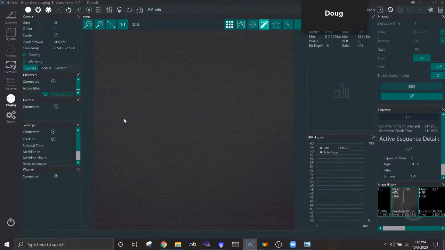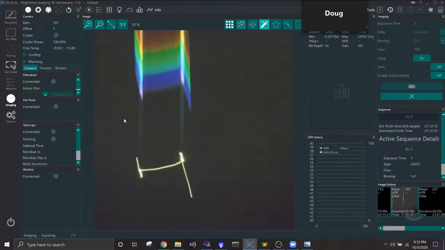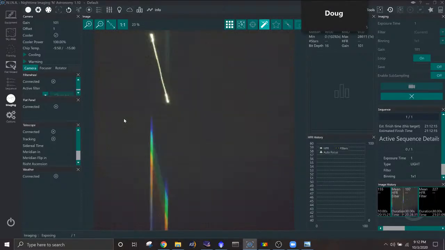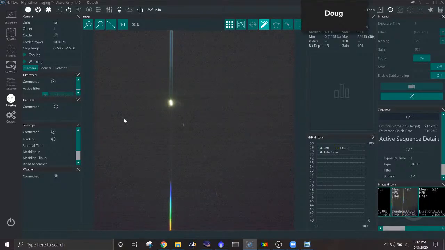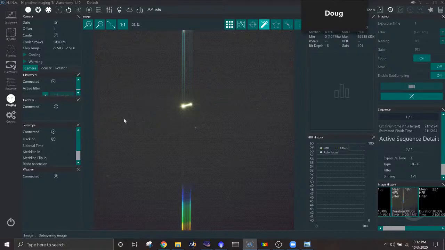Just for everyone, the scope that Vivek is using has a real long focal length. It's like using a camera set at f10 or so: you have a narrower field of view.